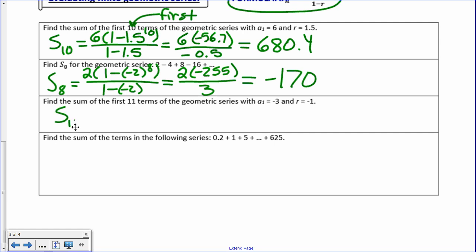So S sub 11, you already have your first term. 1 minus negative 1 in parentheses raised to the 11. Oops, sorry, that's parentheses. That's what it should have looked like initially. And then you guys are supposed to do the top part here very carefully in the parentheses. I believe if you type that in, you just get 2.